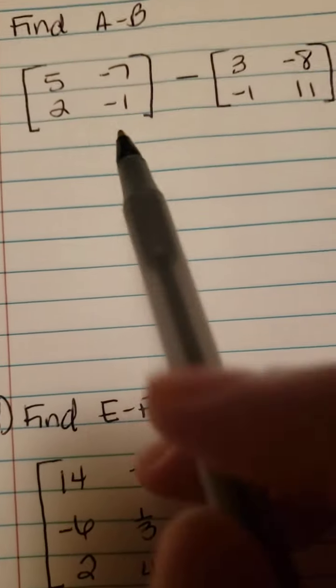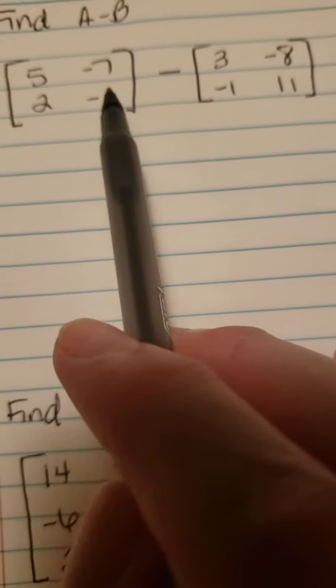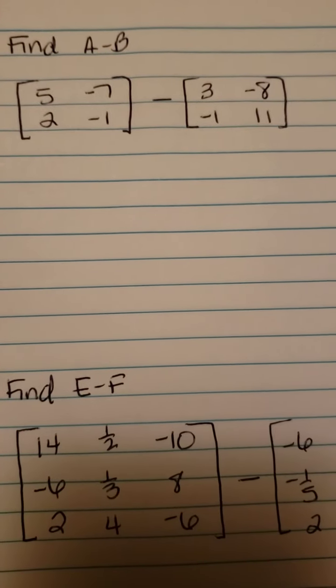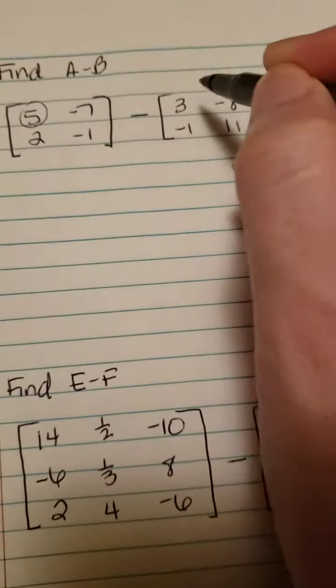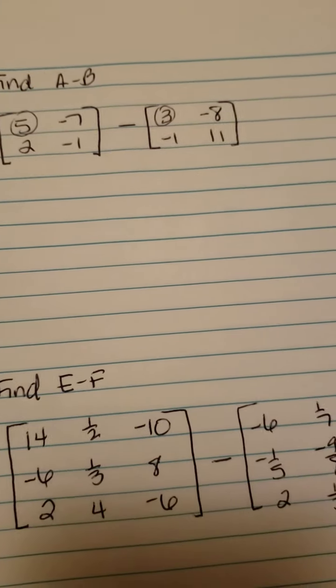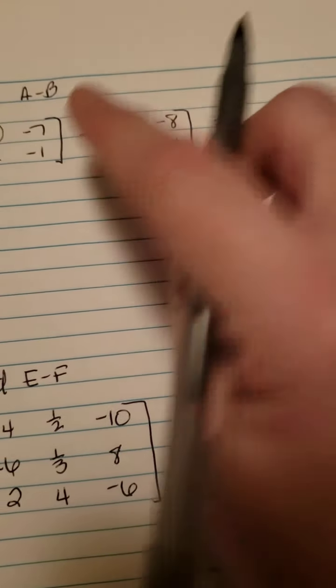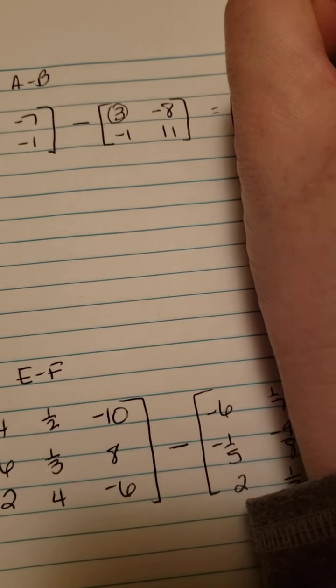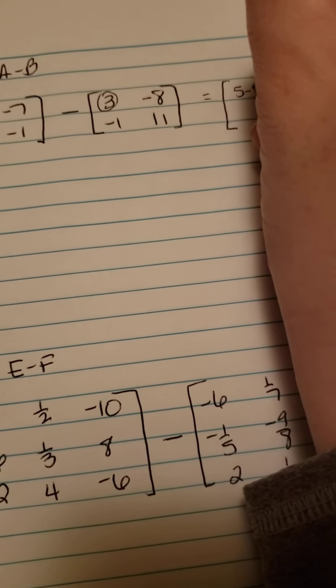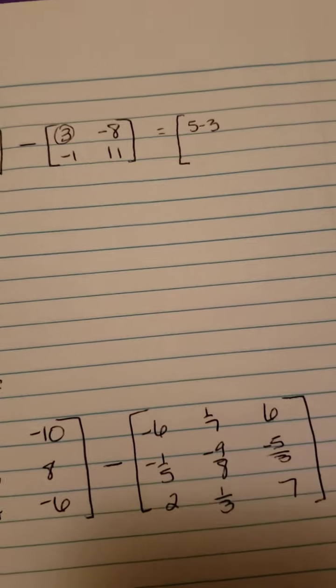So to do a minus b, I can do a minus b because a and b are both the same size. They're both 2 by 2. So I just take the corresponding term in each one. So in this case, 5 and 3, and I subtract. So I'm going to write that out. You don't have to write this out. I'm just writing it to show you what I'm subtracting.